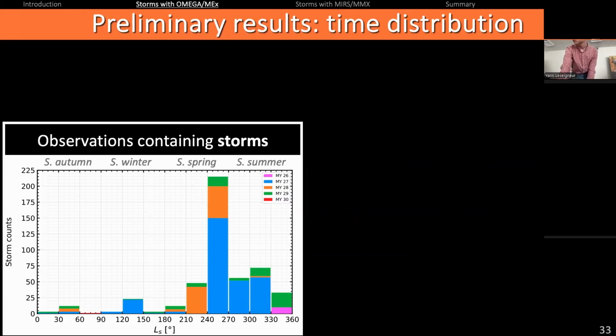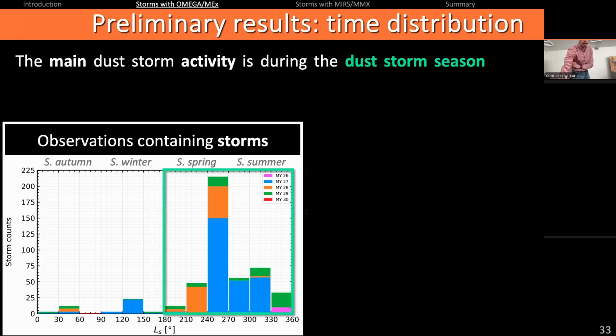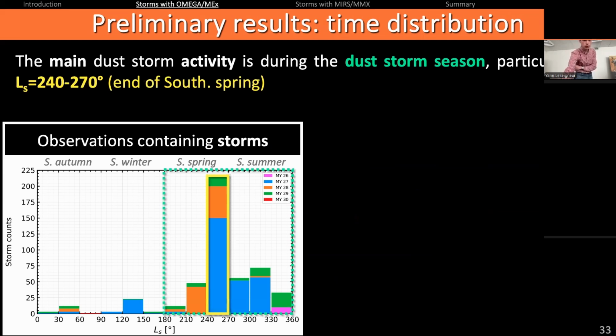Okay, so we can also study the time distribution of these dust storms. Here is the histogram as a function of the season on Mars. We can notice that we have most of the detections of dust storms during the dust storm season, so this is normal. But we have some really high peaks during the end of the southern spring, as you can see here inside the yellow rectangle.